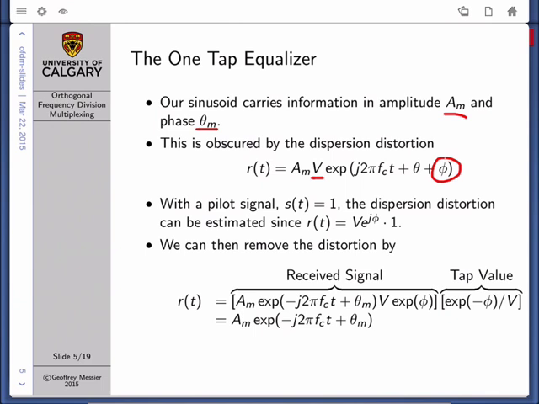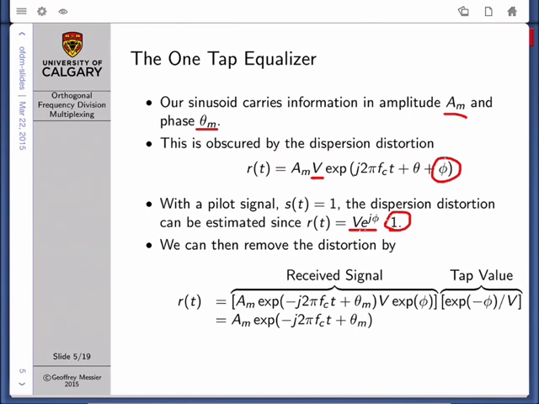So we transmit this pilot signal at a known time. The receiver is expecting it, and then the receiver examines the magnitude and phase of the pilot signal that it receives, and it knows that any amplitude and phase change it sees in the pilot must have been caused by the channel. And so the received signal would then be equal to our dispersive magnitude and phase multiplied by our original pilot signal, which is just equal to 1.